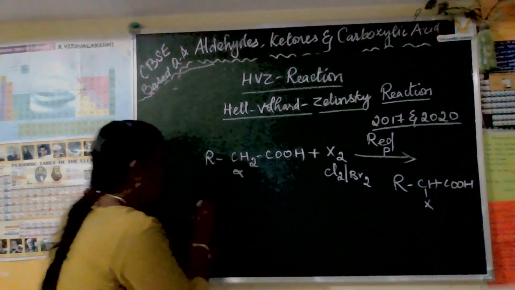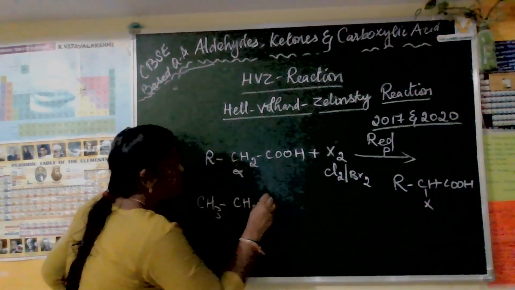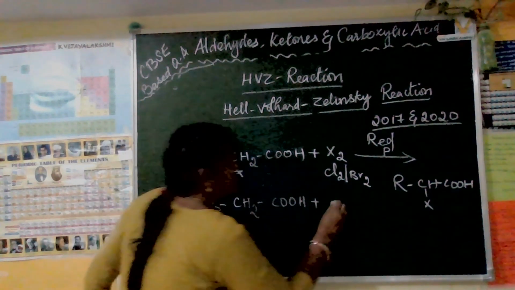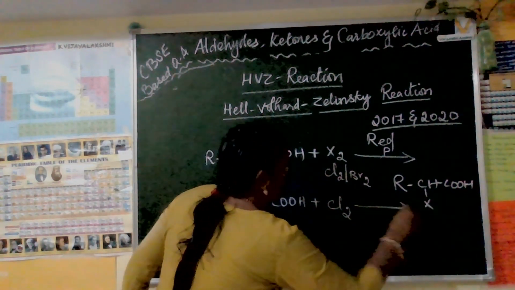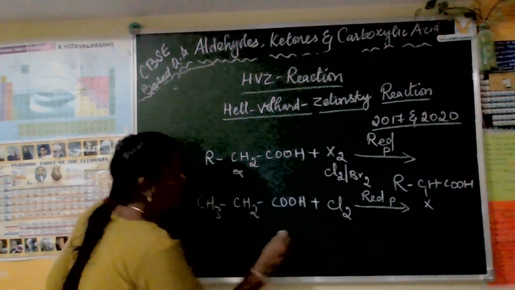Now we'll go for the main example: CH3 CH2 COOH with Cl2 and red phosphorus. What will you get?